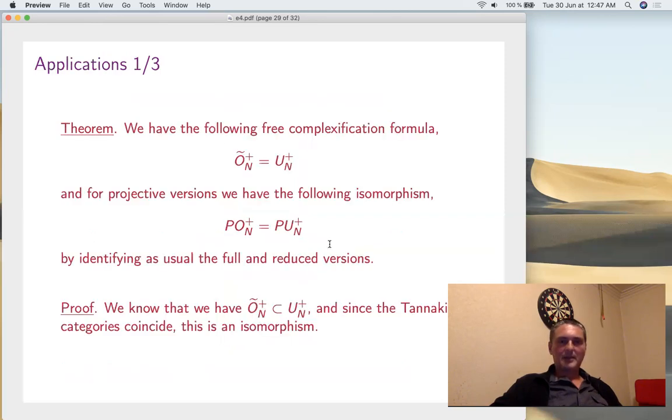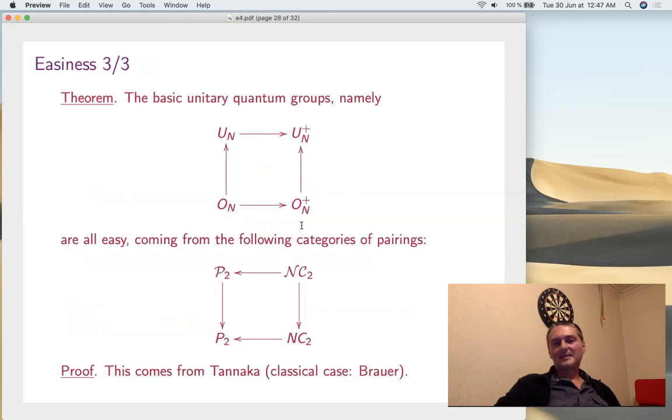Now let's do some applications. So first, remember we have this operation, free complexification, and in particular U_n^+ contains the free complexification of O_n^+. Well, it's an isomorphism. This is very nice and proved by Tannaka, because you have the categories here. You take the free complexification, something that we learned at the representation theory level.